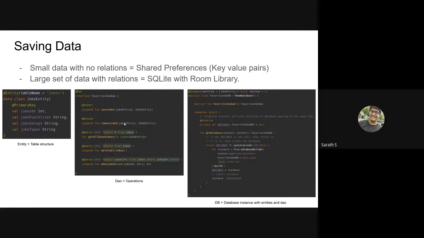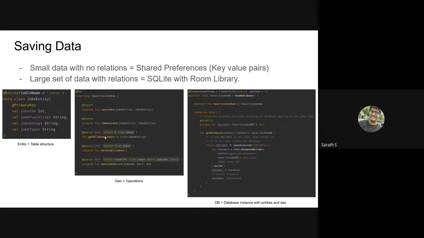So yeah, and coming to the DAO, we have the Insert annotation here, which basically says we are inserting data here. In save joke, we are inserting data, right? In remove joke, we are deleting, so we give it as Delete. These are basically short form queries. And for all of the queries, I have explicitly mentioned the query. Inside Query, we give the SQL statement which you want to do.